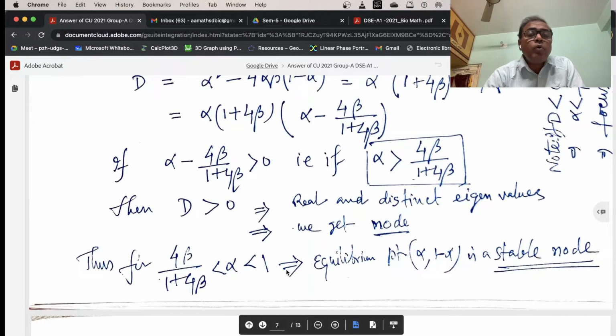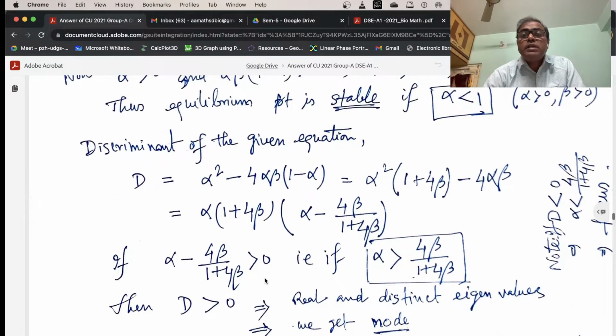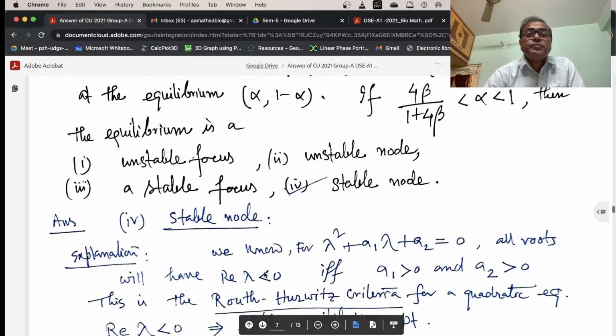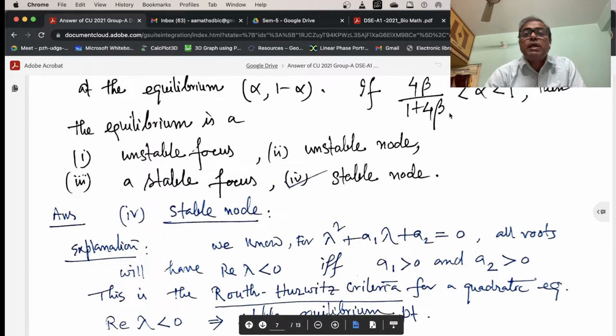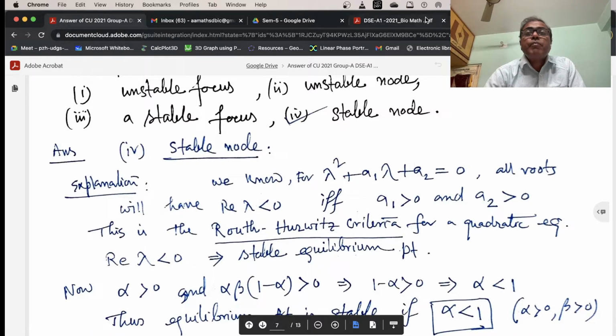Thus for 4 beta by (1 plus 4 beta) less than alpha less than 1, the equilibrium point (alpha, 1 minus alpha) is a stable node, because the condition is alpha is less than 1 and 4 beta by (1 plus 4 beta) is less than alpha.